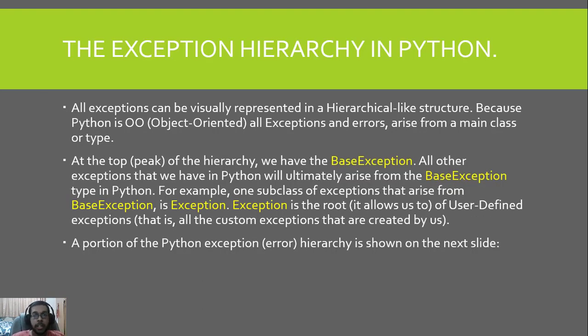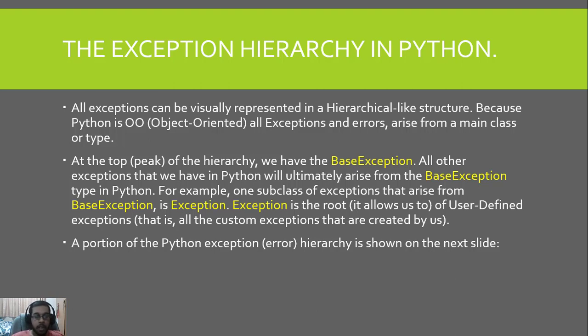The exception hierarchy in Python. All exceptions can be visually represented in a hierarchical-like structure. Because Python is object-oriented, all exceptions and errors arise from a main class or type. At the top peak of the hierarchy, we have the base exception. All other exceptions that we have in Python will ultimately arise from the base exception type in Python.